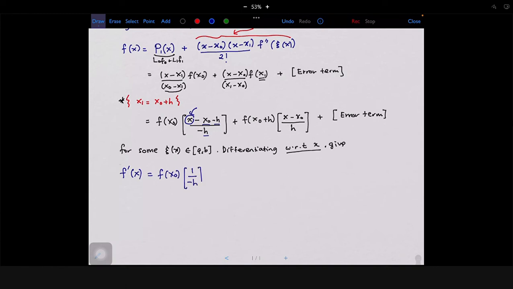Right? We differentiate all the terms above with respect to x. x appears only here, so differentiating x gives 1, that's why we get 1 over negative h. For the second term, differentiating x gives 1 over h.